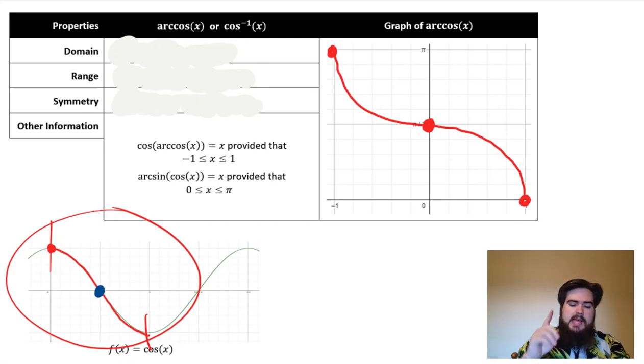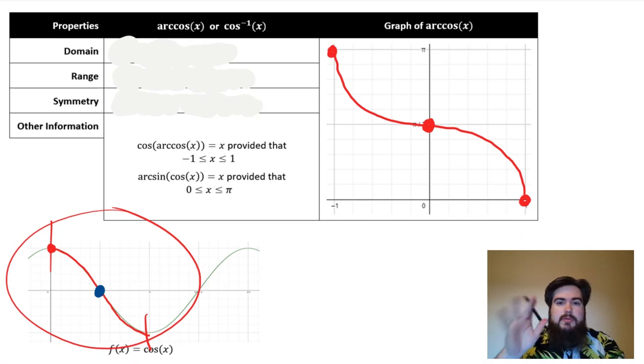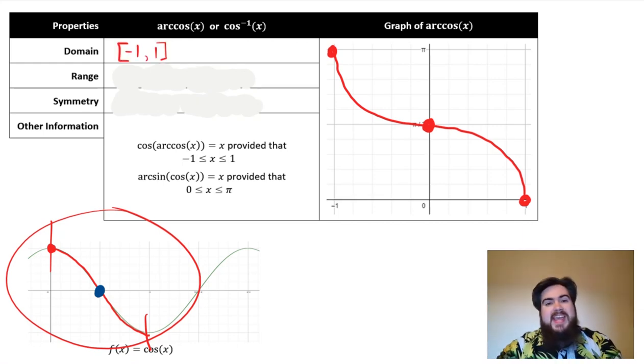Which means the domain of arc cosine is the same as the range for cosine itself, which is -1 to 1. That's the same as arc sine as well. So arc sine and arc cosine both have the same domain. They do not, however, have the same range.